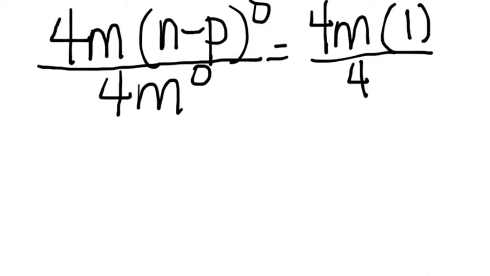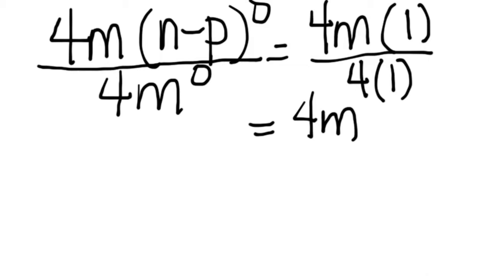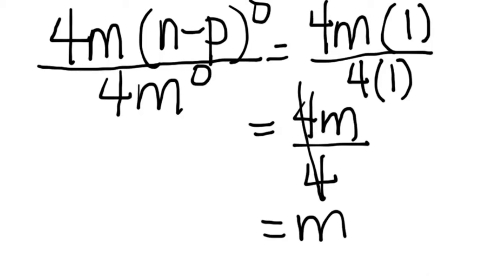So, yung m raised to 0, siya lang yung equivalent into 1. And then, multiply. 4m times 1, so we're going to have 4m. And then, 4 times 1, we have 4. And since 4 divided by 4 is 1, we can cancel it out. So, ang maiiwan na lang is m. So, our answer is m.